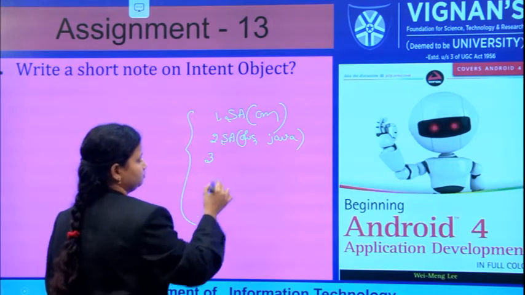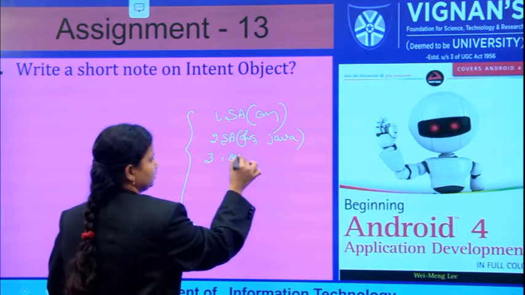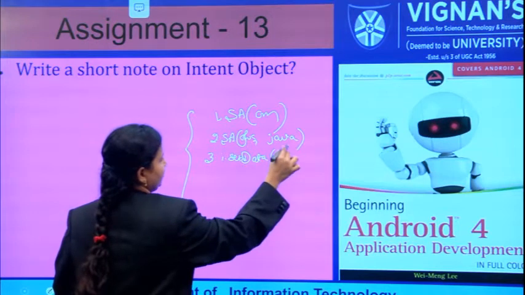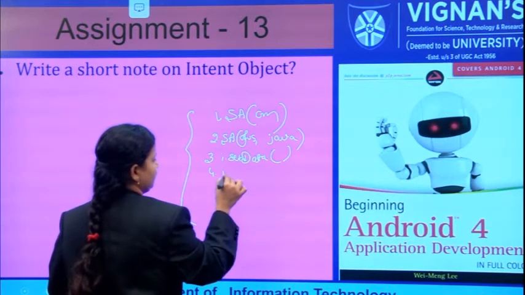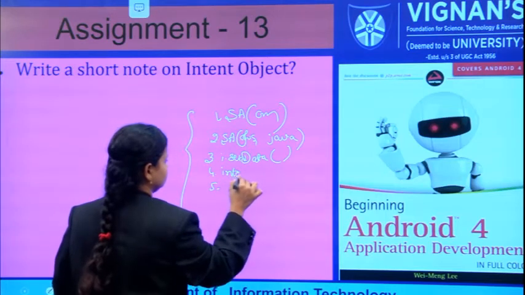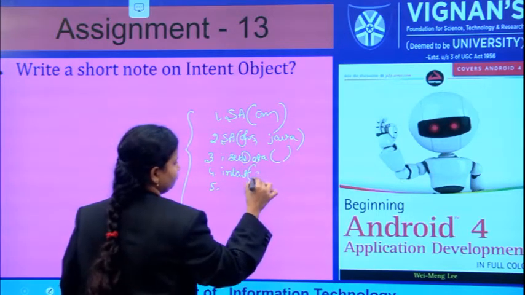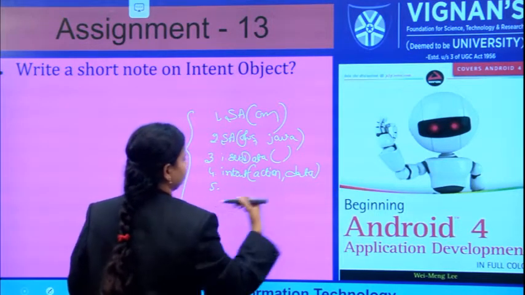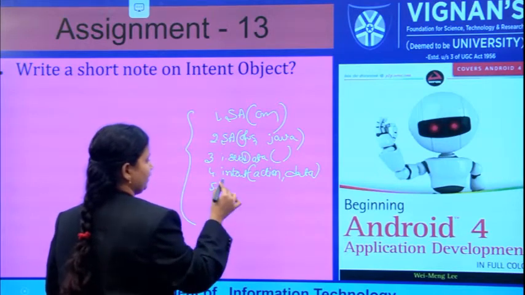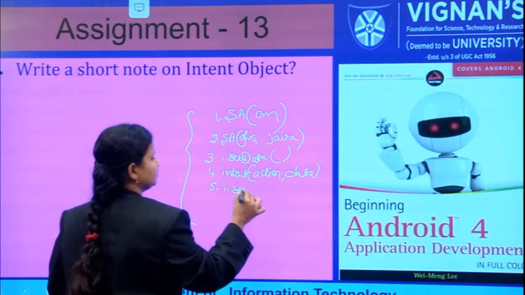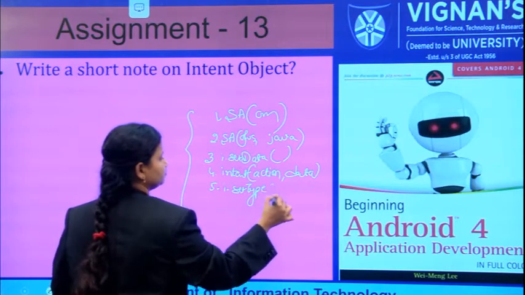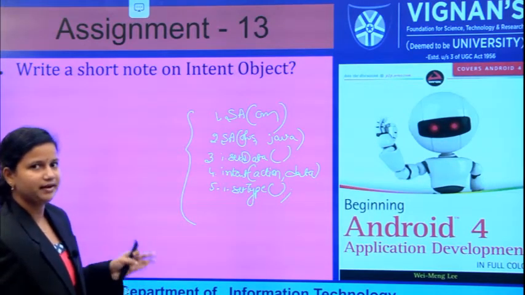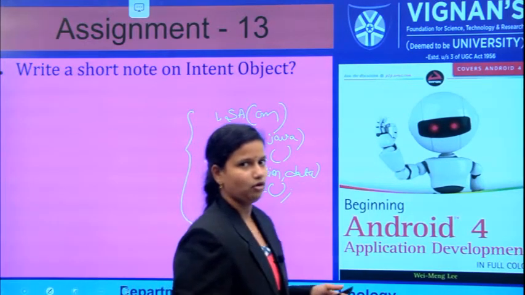The third way is intent object dot setData. The fourth way is Intent i with action comma data. The fifth one is i dot setType. These are the 5 different ways. Write a short note on these 5 different things in your intent object.